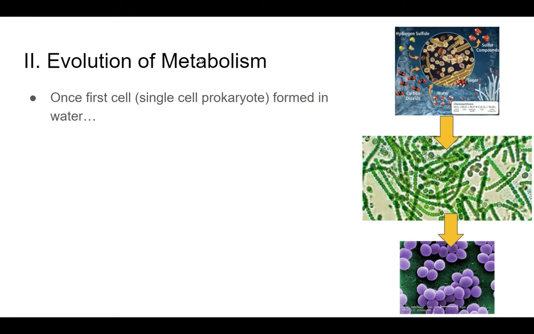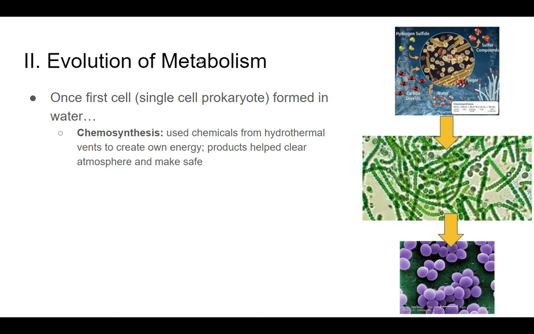And so once the first cell, which we think was a very simplistic single-celled prokaryote, formed in water, we see metabolism strategies emerge. So most likely chemosynthesis was that first metabolism strategy. We talked about this last week. Chemosynthesizers are organisms that can use chemicals to create their own energy source.